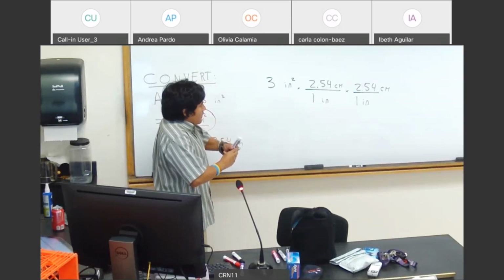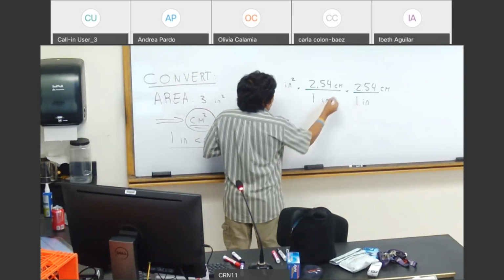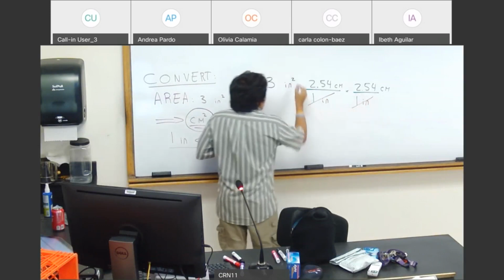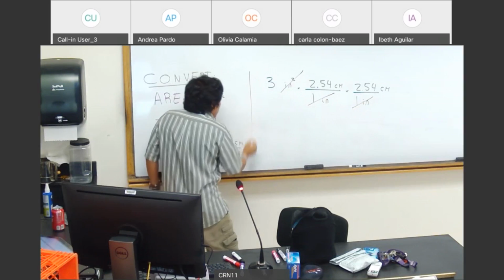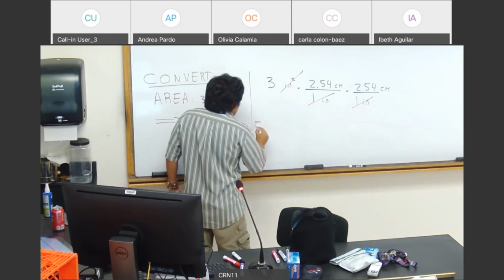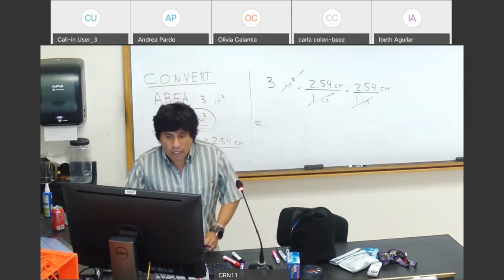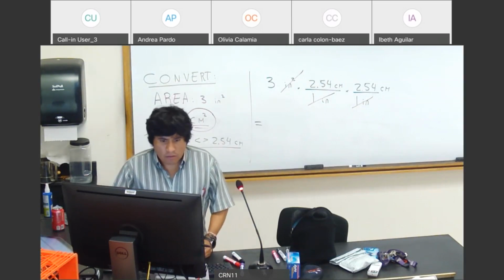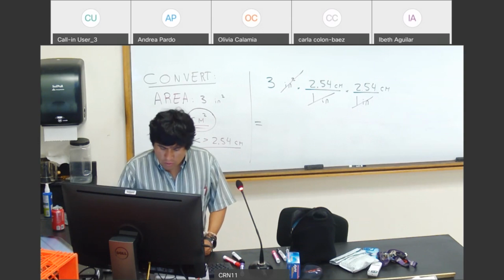See what I did there? Inches times inches is inches square, so it cancels. Then the area will be the multiplication of all that. And then for that, you can use a calculator: 2.54 times 2.54 times 3.